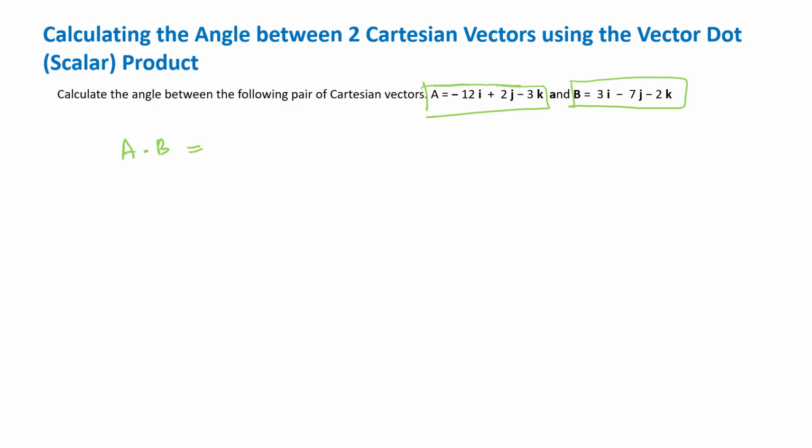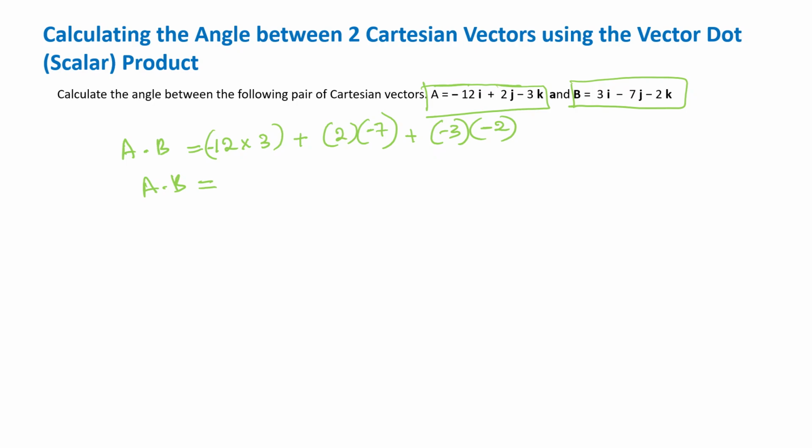you can write it in two ways. First one is you can say 12 times 3 plus 2 times negative 7 plus negative 3 times negative 2 is your dot product. This is one way of writing the dot product. So what do we get when you put this?